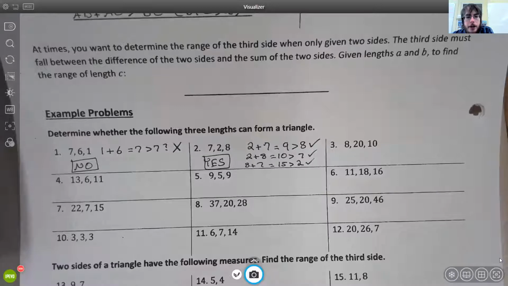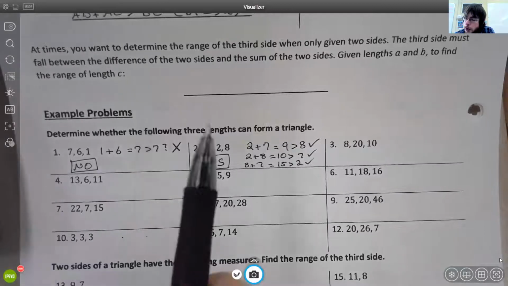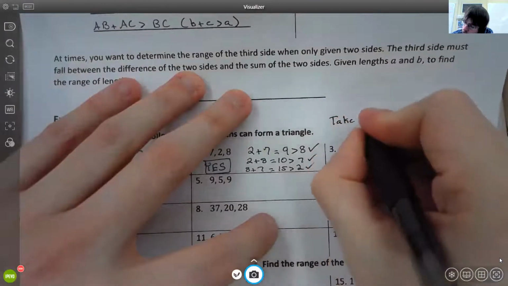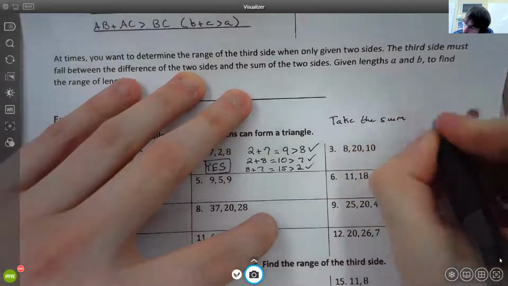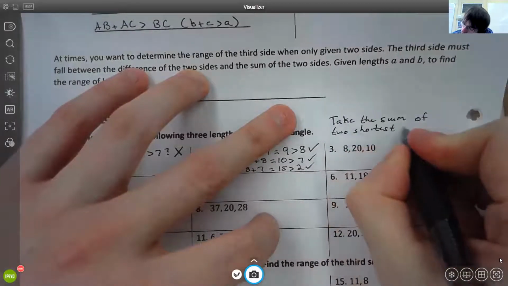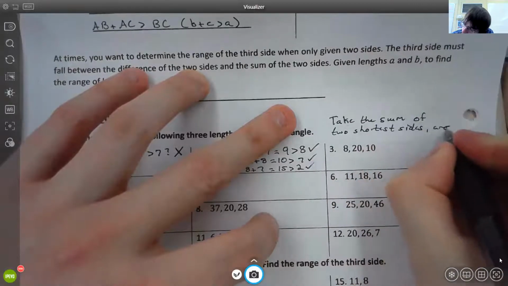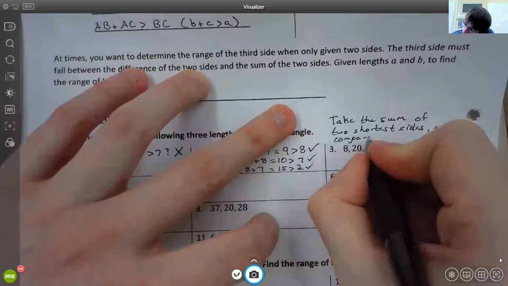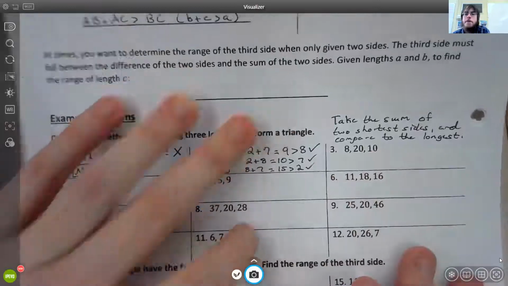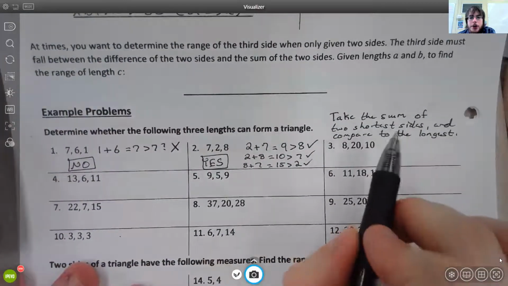If you have 3 side lengths and you're trying to see whether they form a triangle or not, the easiest way to do this is to take the 2 shortest sides, take the sum of the 2 shortest sides, and compare it to the longest side. Okay. This will always give you the correct answer.